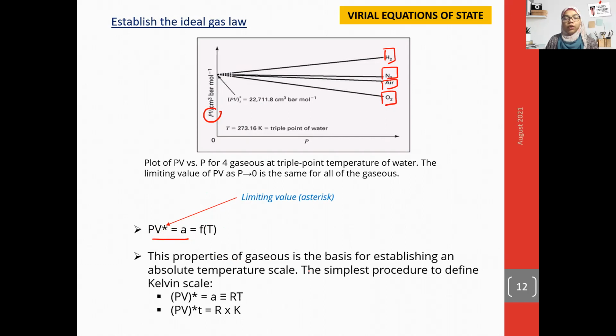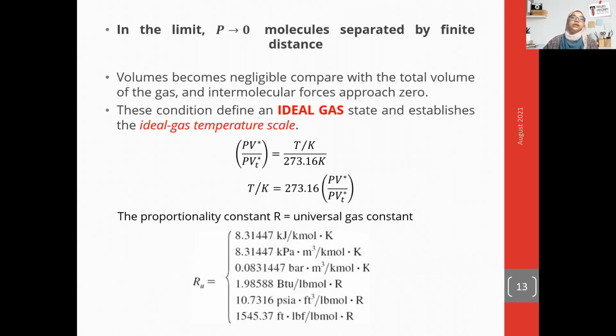And then these properties of gases are the basis for the established absolute temperature scale, because we know that P has a significant effect on the temperature. That's why we have PV = RT. So this is how the ideal gas law is established.